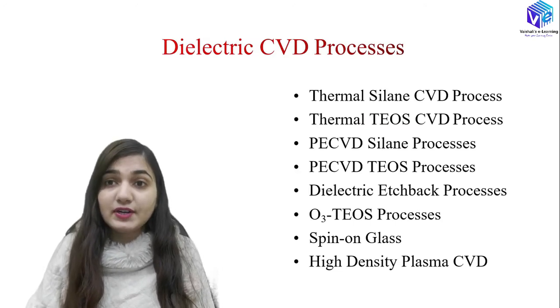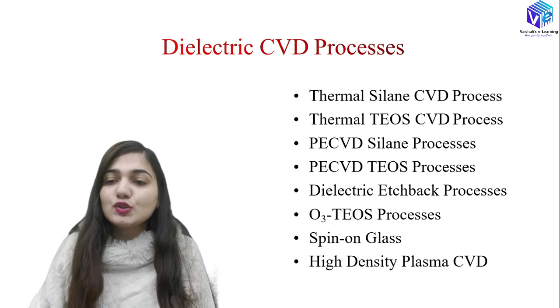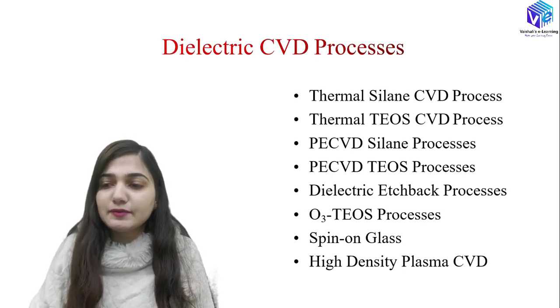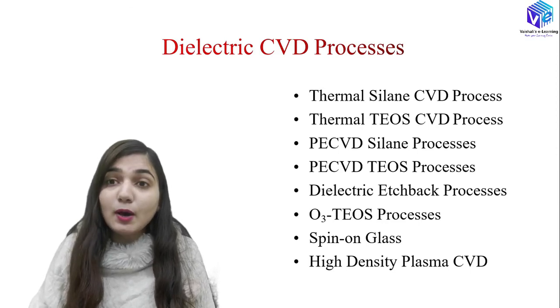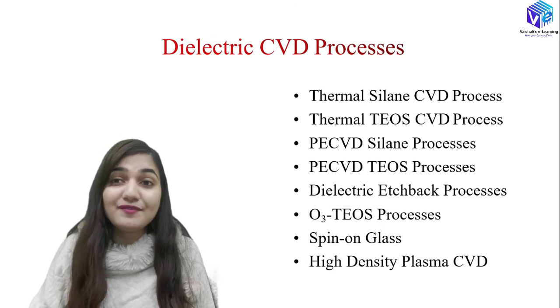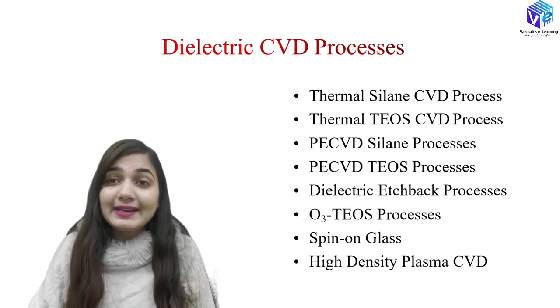We are having different dielectric CVD processes. These are all the dielectric CVD processes that we have. But today in this video we are not going to talk about all of them. We are going to see the in-depth analysis of some of these dielectric CVD processes. So we have thermal Silane CVD process. We know what is Silane. Then we have thermal TEOS CVD process. I hope you know now what is TEOS. If not, you have still not watched all of the previous videos with great attention.